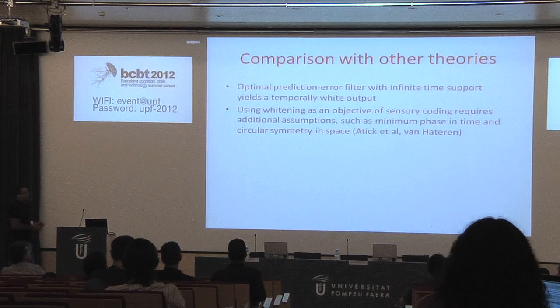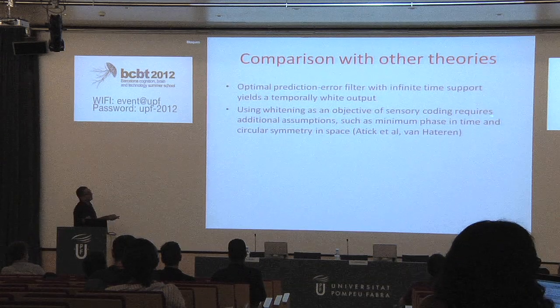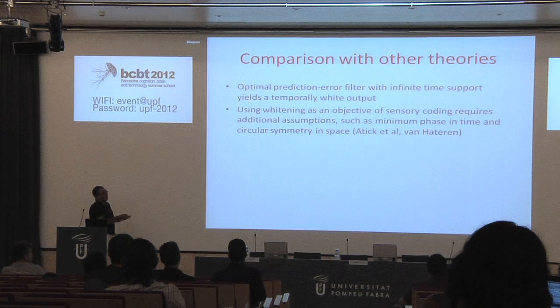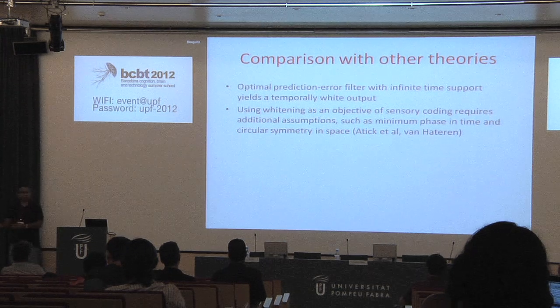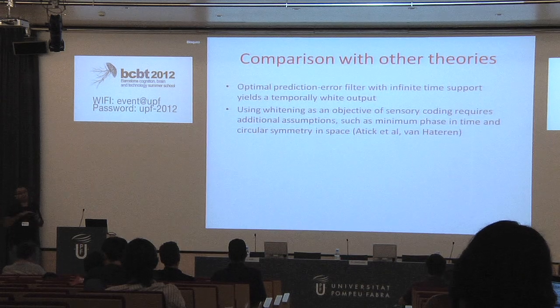So what is the difference? Well, one difference is that if you start with whitening, you kind of push to work in the Fourier space, right? Because when you say the signal is white, it means that its power spectrum is uniform in the Fourier domain, okay?